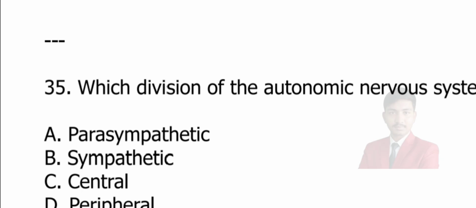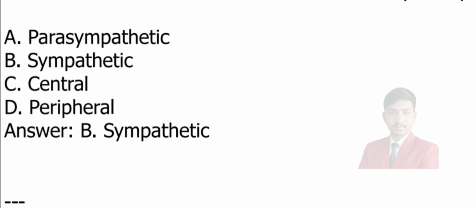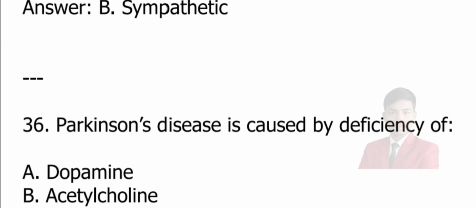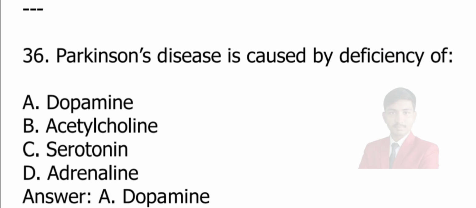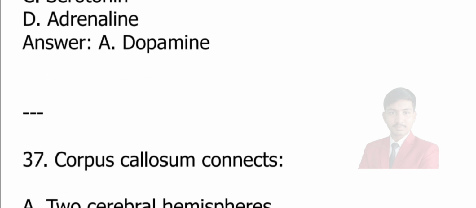Which division of autonomic nervous system prepares the body for emergency? Sympathetic autonomic nervous system prepares it for the emergency. Parkinson's disease is caused due to deficiency of dopamine.